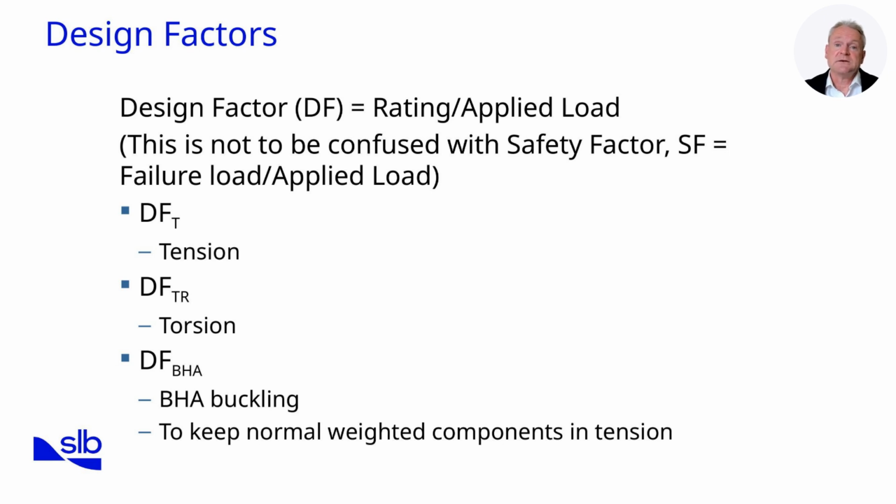DS1 provides guidance on minimum design factors, emphasizing fatigue reduction through proper planning of dogleg severity, rotary speed, and connection selection. The goal of applying design factors is to create an operational envelope that keeps stresses well within the steel's safe limits, even under unexpected conditions.